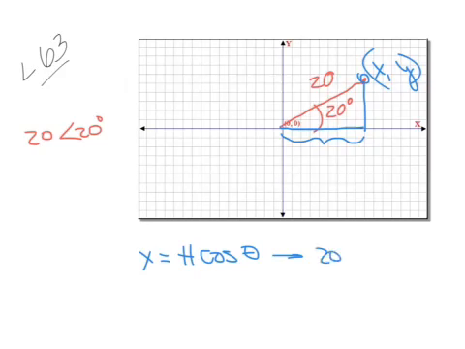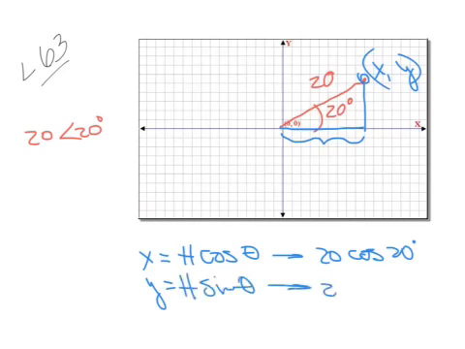So 20 cosine of 20 degrees. And to find y, we had h sine of theta, so that would be 20 sine of 20 degrees. And what that does is convert it to rectangular form.